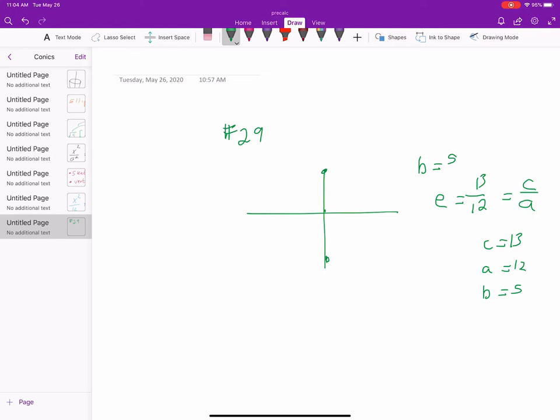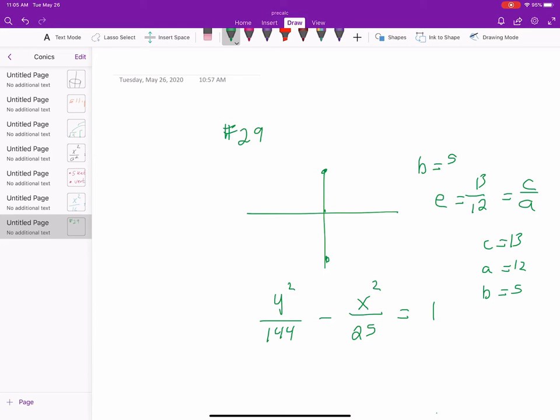Because otherwise, what do I write first? So I'm going to go y squared, because there's no offset center, over A, which is 12 squared, so that's 144, okay, minus x squared over, that's my B, 25, okay, equals 1. So there it is.